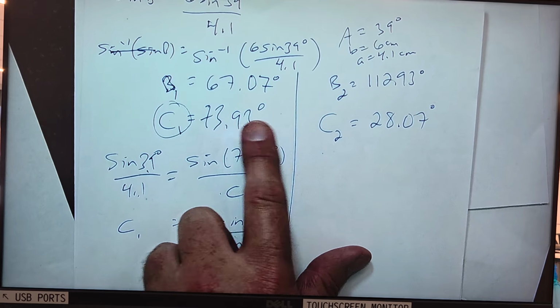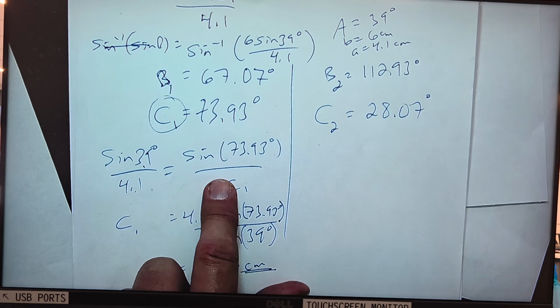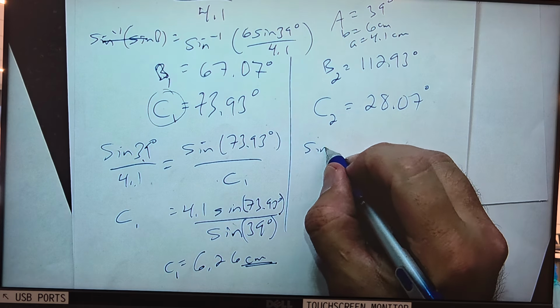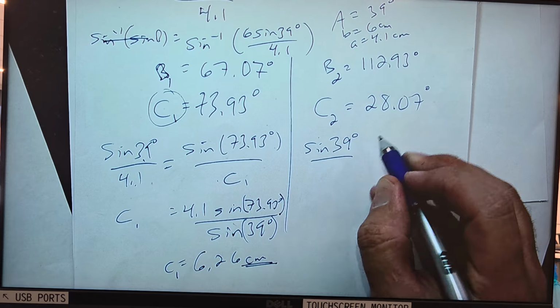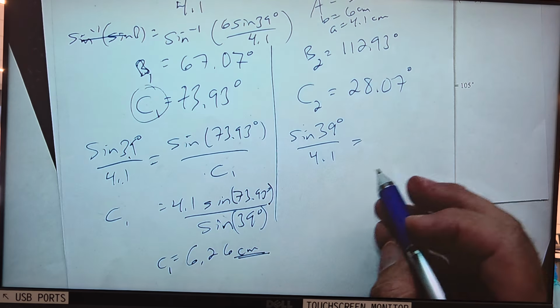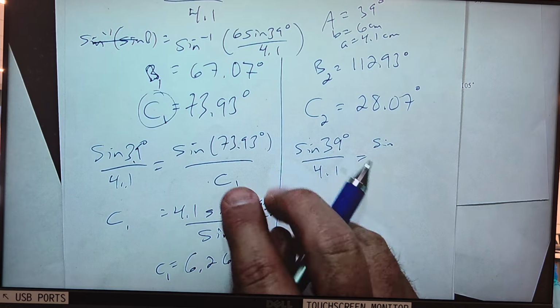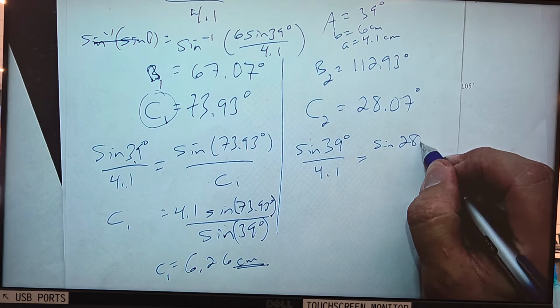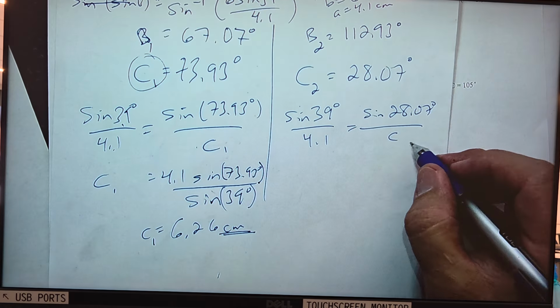So it's exactly the same work we did before. Now I'm going to set up this exact same ratio, except I'm going to use this value for C instead of that value for C. So this will be C2.